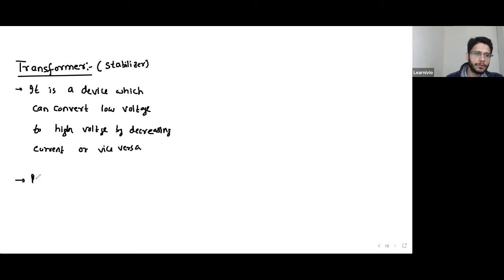The principle of transformer is that it basically works on the principle of mutual induction. So what is mutual induction? When you change current in one circuit and it gets induced in another, or you change voltage in one circuit and it gets induced in another, that is mutual induction.